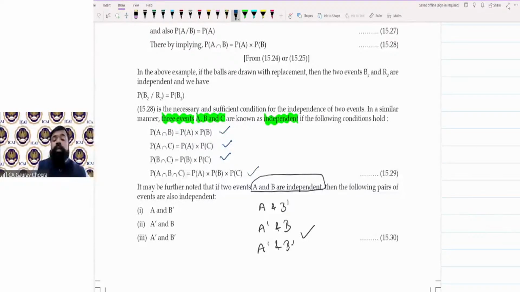So to be completely independent, these four conditions have to be satisfied. Again, this can be a theoretical question, like how many conditions are required for becoming independent. Four conditions are required: A and B, B and C, A and C, and all three should be independent.